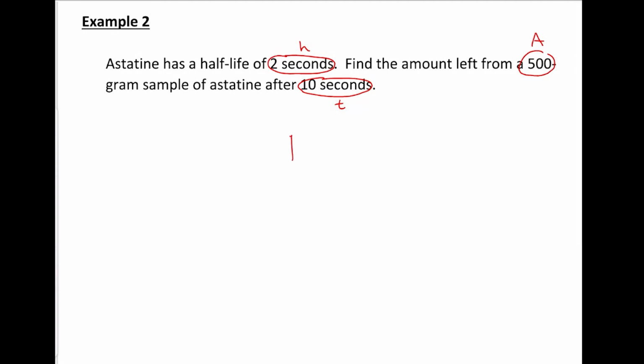So I'm going to rewrite our formula here, just the generic A equals A0 times 1/2 to the power of T over H, where the initial amount is 500. We're going to cut that in half T over H, 10 divided by 2, which is 5 times. Okay, because the half-life is 2 seconds, and we're measuring this over the course of 10 seconds. 10 divided by 2 is 5.